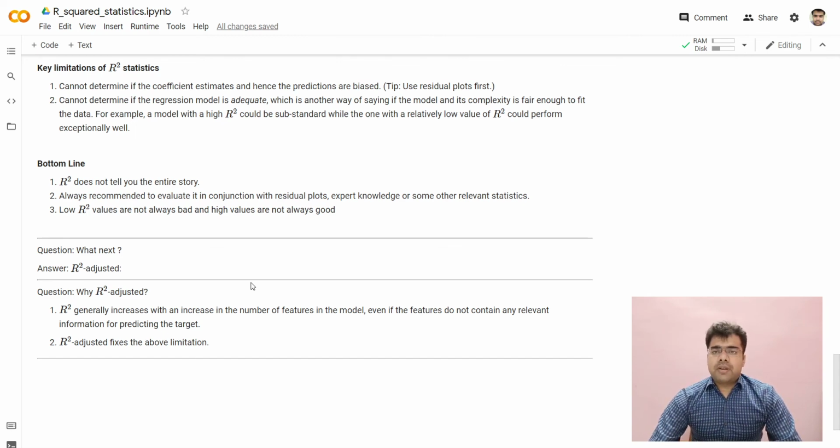This is something very much undesirable, because in general what we want is that whatever goodness of fit statistics we choose, that particular statistic be sensitive only to the most relevant features. That was not the case with the R square metric, because it was sensitive to all the features irrespective of their importance. This was precisely the reason why R square adjusted came into being in the first place. We will be talking about this R square adjusted metric very soon.